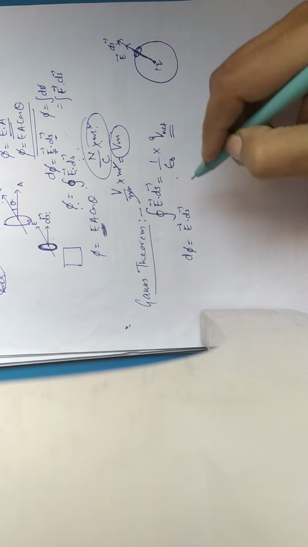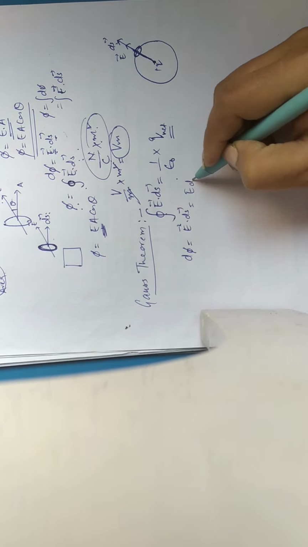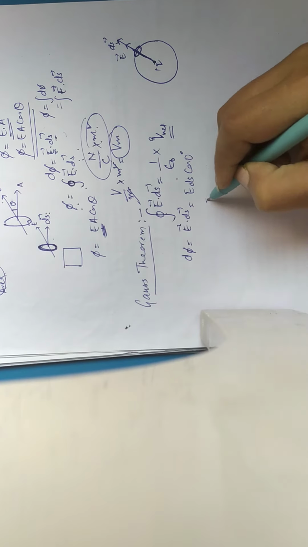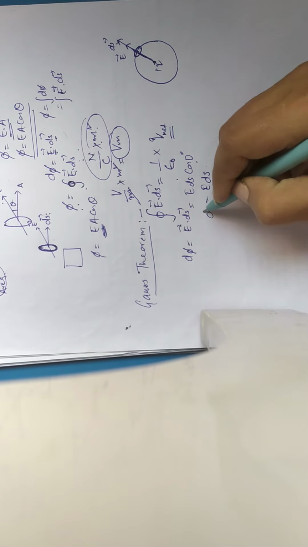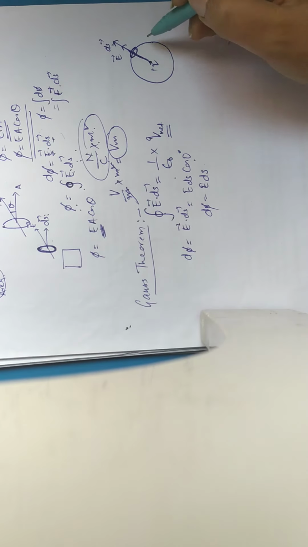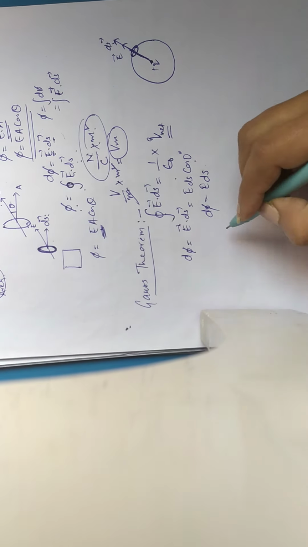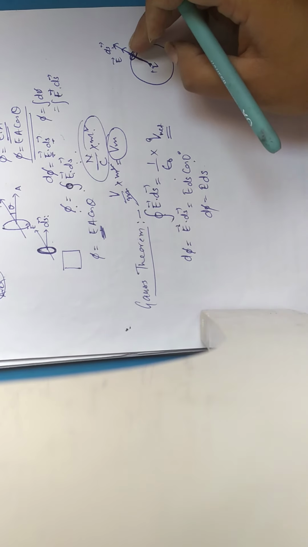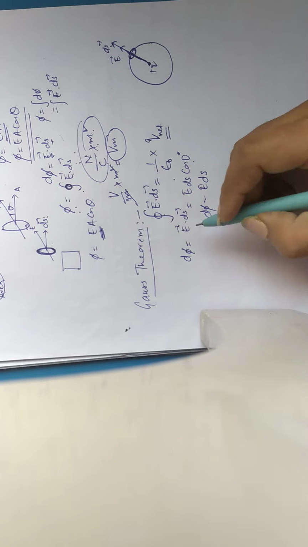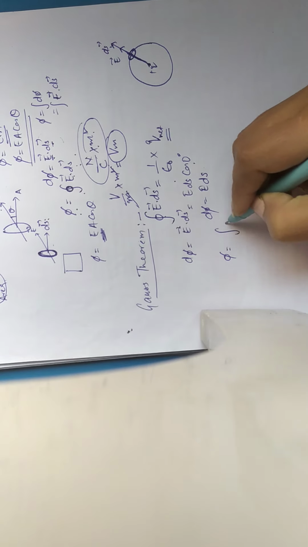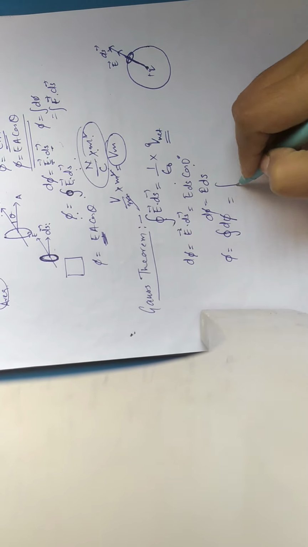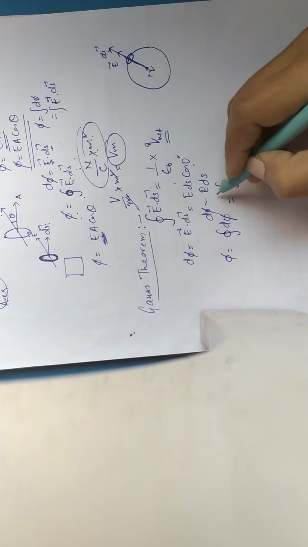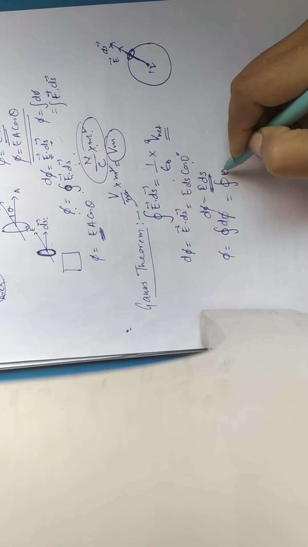Since both are in the same direction, it will be E ds cos of 0 degree, or simply E ds, since cos 0 is 1. This is the small flux passing through this spherical surface. I want the total flux passing through the spherical closed surface. So the total flux is the integral of d phi, and d phi is E ds.